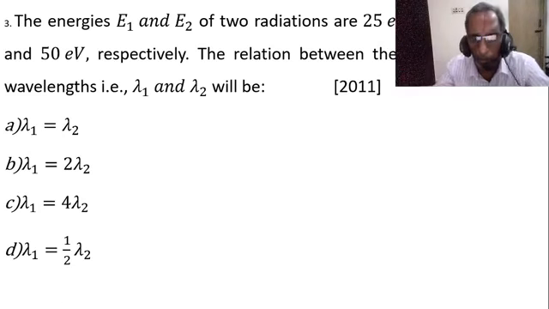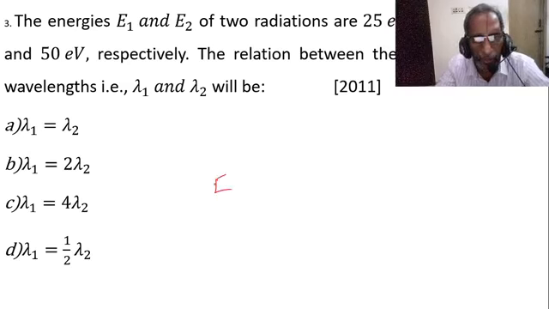Next question, everybody please listen. The energies E1 and E2 of two radiations are 25 electron volt and 50 electron volt respectively. What is the relation between their wavelengths lambda 1 and lambda 2? Four relations are given.